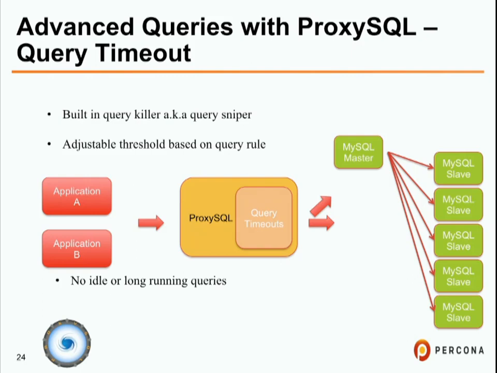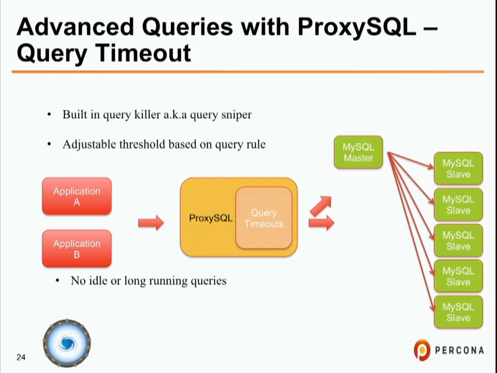But the query sniper itself is very generic. You cannot define exactly what sort of query you want to kill and what sort of query you don't want to kill. Instead, in ProxySQL, you can create rules that say, for example, all the traffic can run with a maximum execution of 3 seconds. Whatever runs for longer than 3 seconds has to be killed.